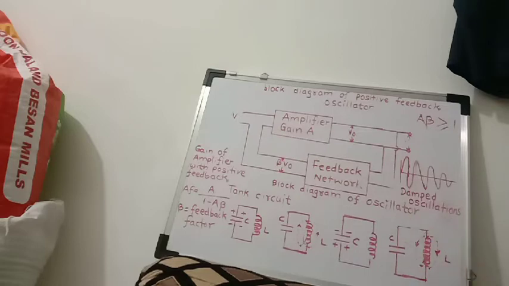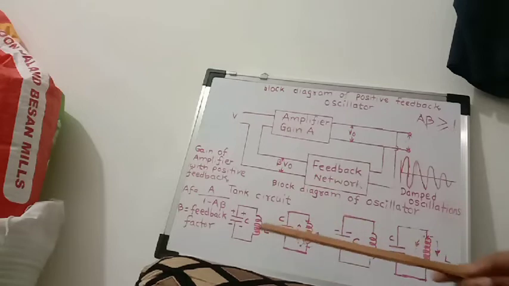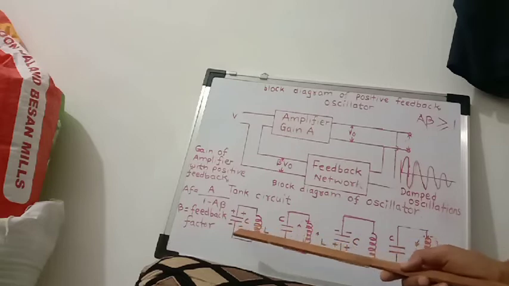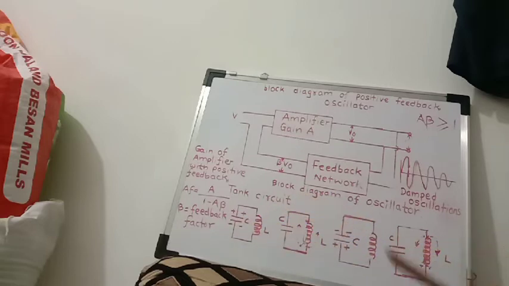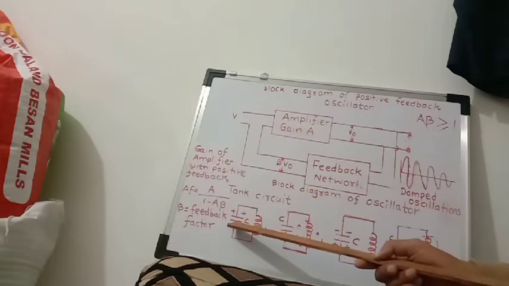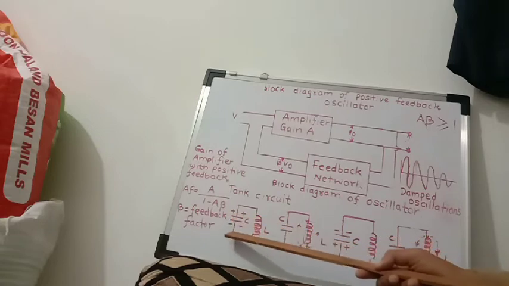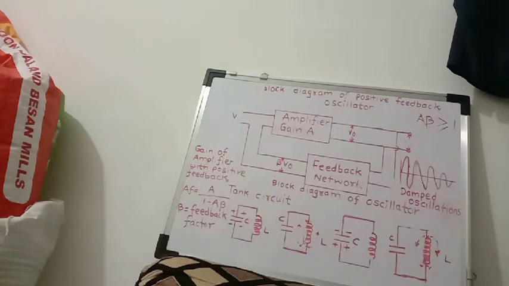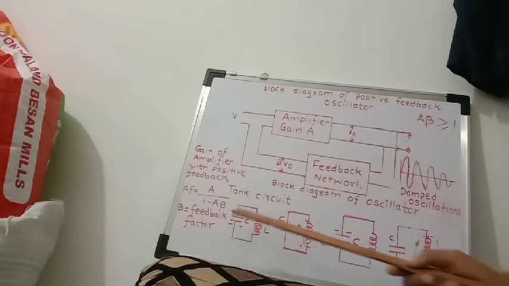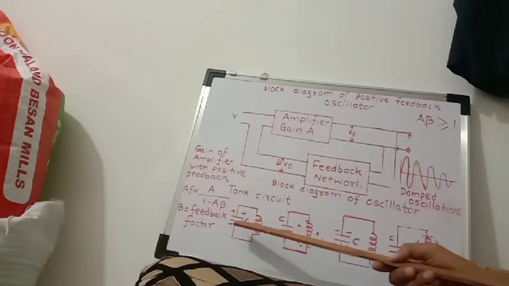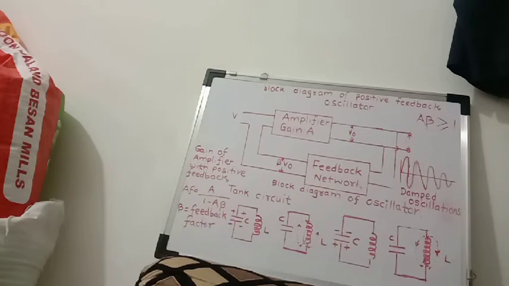The capacitor is fully charged, and it stores electrical energy in the form of electrostatic field. So the energy is stored in the electrostatic field of C.